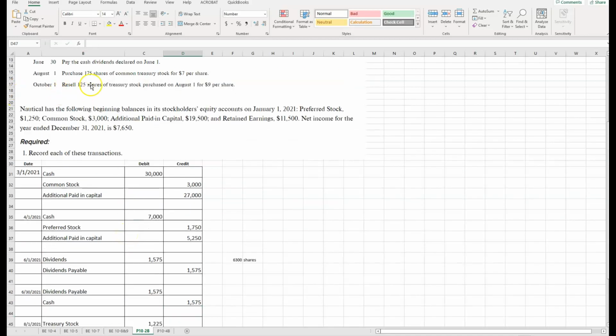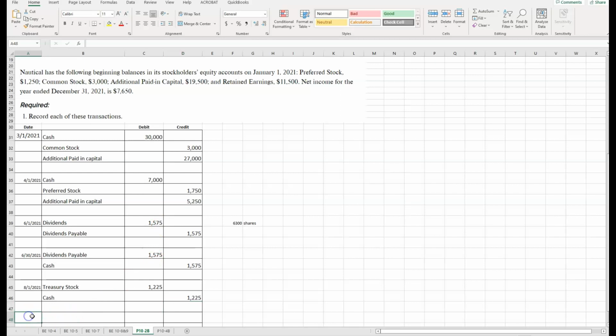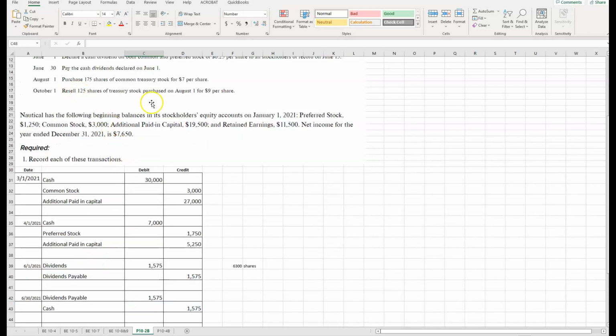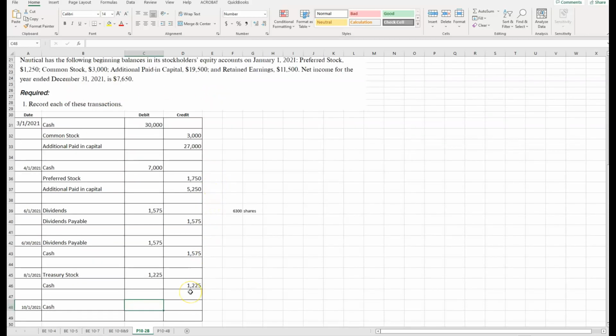October 1st, we resell 125 shares of that treasury stock for $9 a share. So we're reselling on October 1st, and we're getting cash. We resold 125 shares at $9 a share. How much can we take out of the treasury stock account?